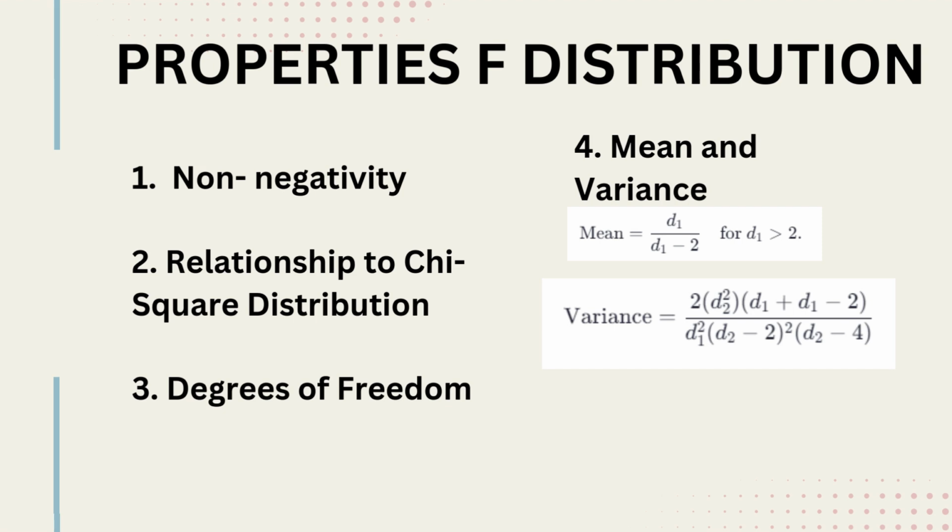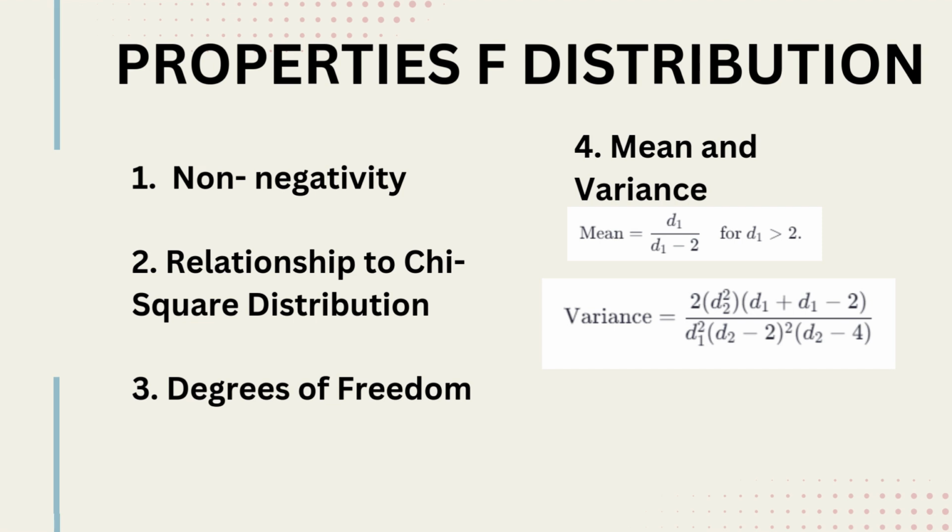Next is degrees of freedom. These degrees of freedom, numerator and denominator, define the shape of the F distribution and play a vital role in its calculations. So last is mean and variance. The mean of the F distribution is only defined when d2 is greater than 2. This is because for smaller values of d2, the formula becomes undefined due to division by 0.